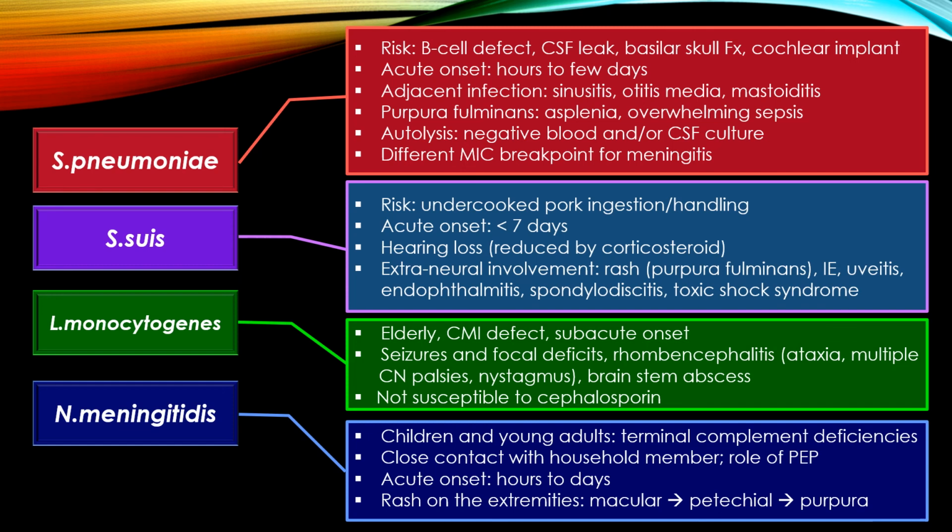This is droplet transmission. It also has an acute onset, and some patients have a rash on the extremities, macular, that spreads fast within a few hours to a day or two.